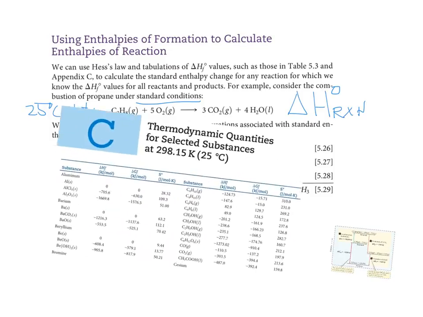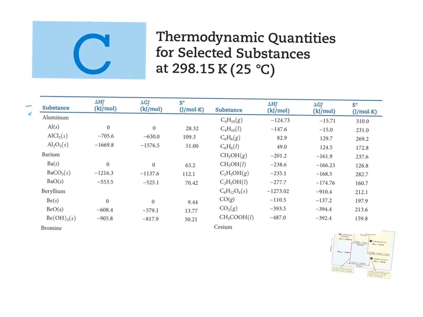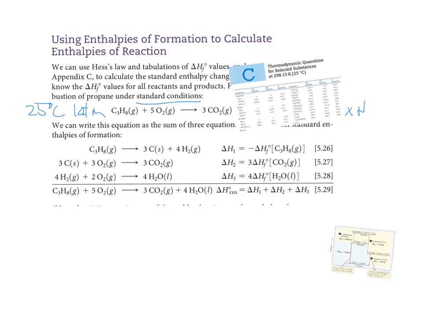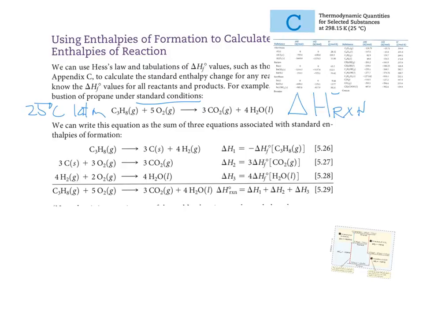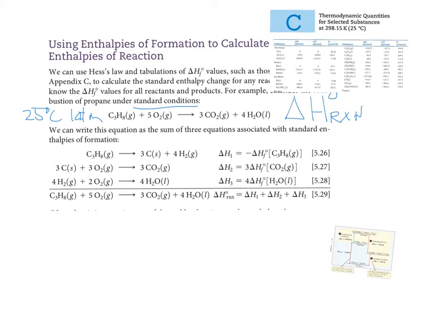We can go to the back of our book, this is in every book, or even on the internet, you can find thermodynamic quantities. Enthalpy is a thermodynamic quantity. And this delta HF, these are enthalpies of formation. So we could look up the enthalpies of formation for these substances and see if we can add them up to get this reaction.